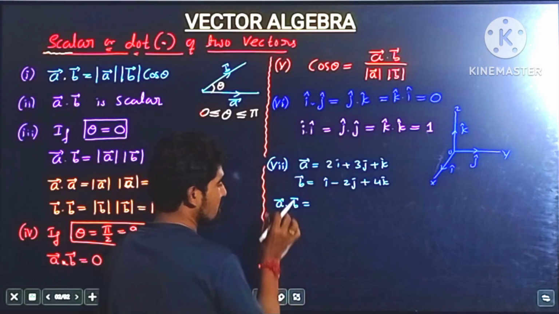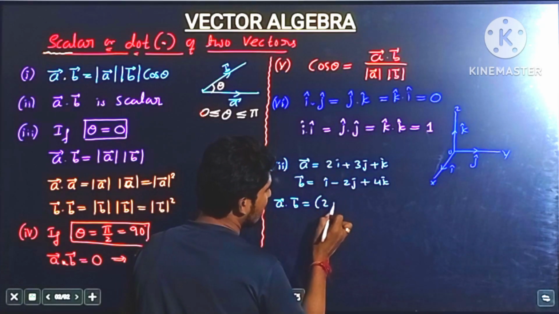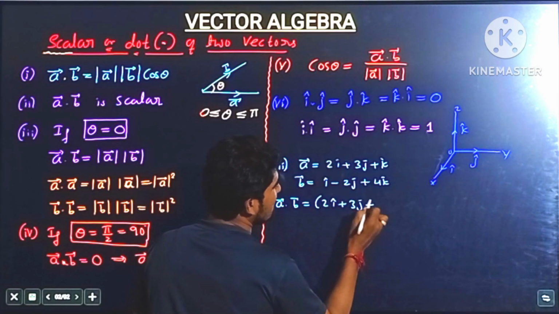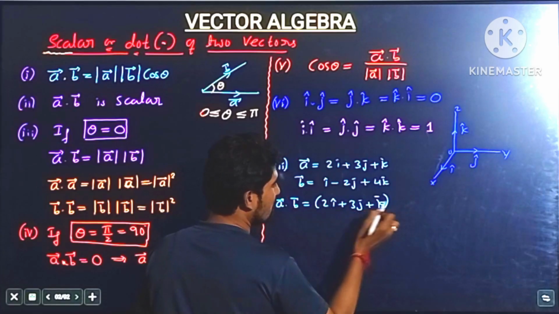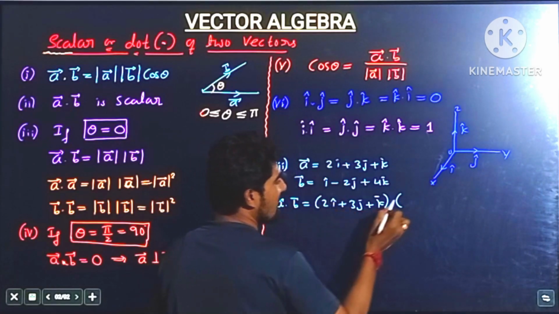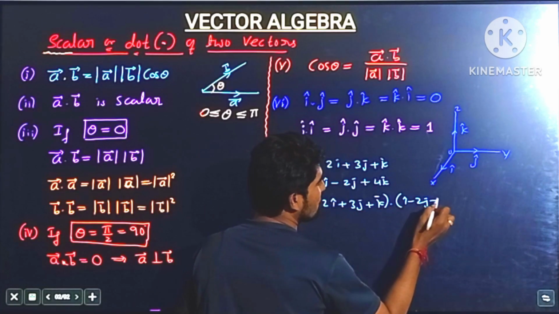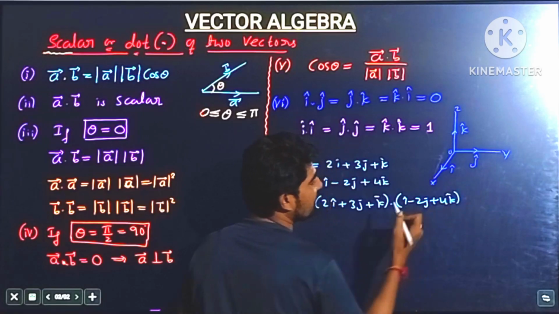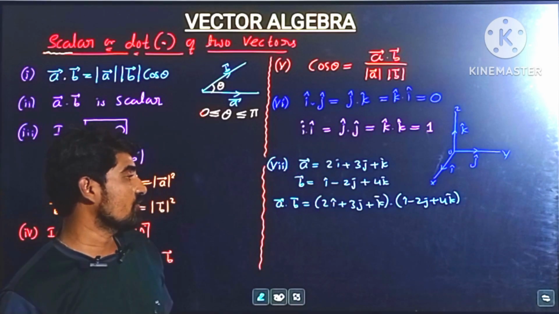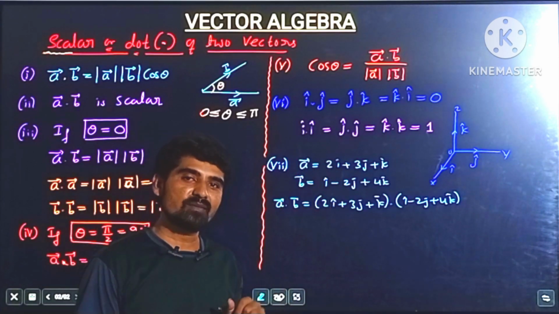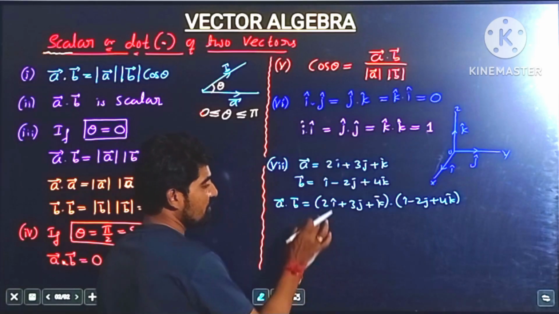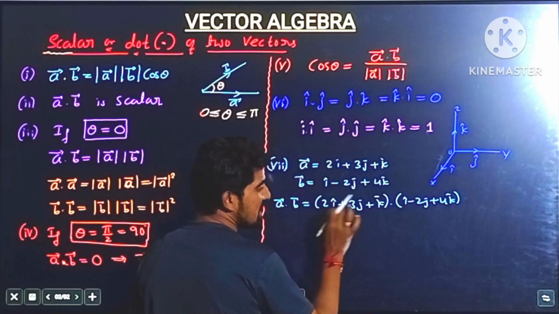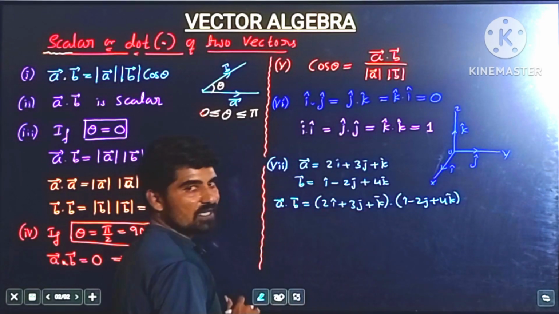First, A vector is given, that is 2i plus 3j plus k, dot B vector, which is i minus 2j plus 4k. The dot product of two vectors is obtained by multiplying the coefficient of i with i, j with j and k with k. Why?